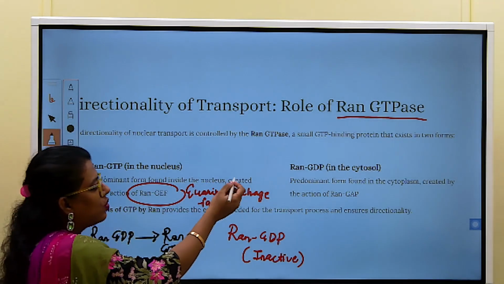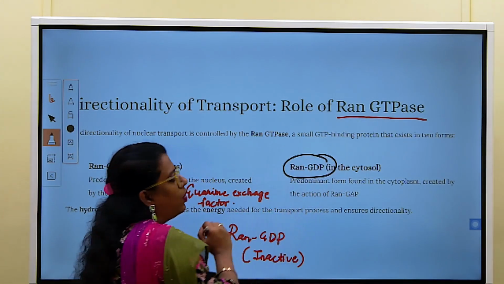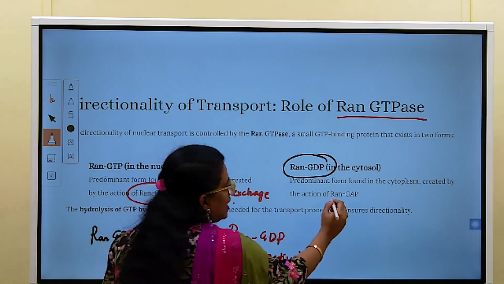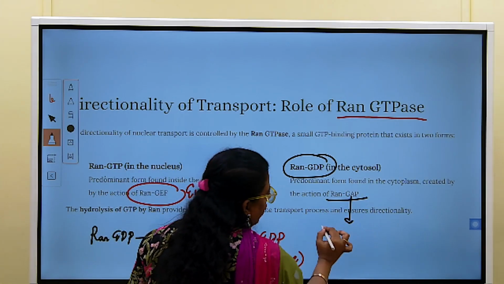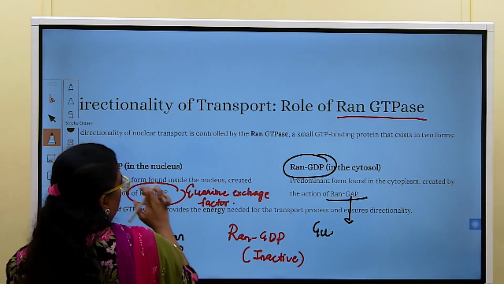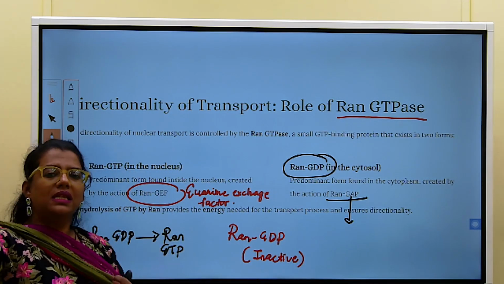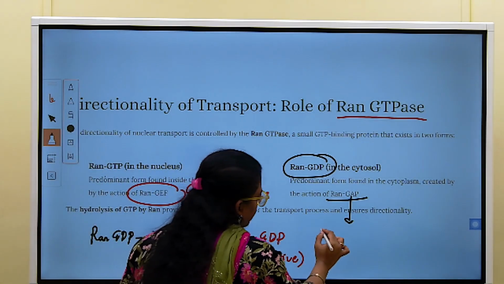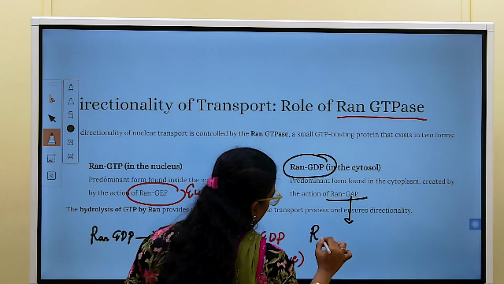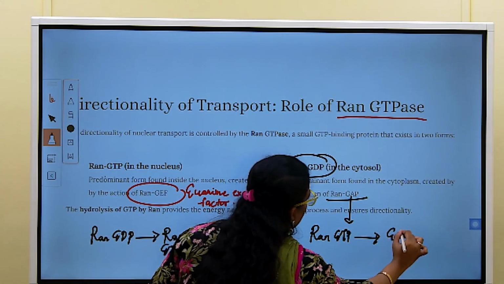Similarly, the same process is going on in the cytosol, where the predominant form is RAN GDP. There is an enzyme present in the cytosol known as RAN GAP. GAP stands for GTPase activating protein. The function of RAN GAP is converting RAN GTP to RAN GDP.